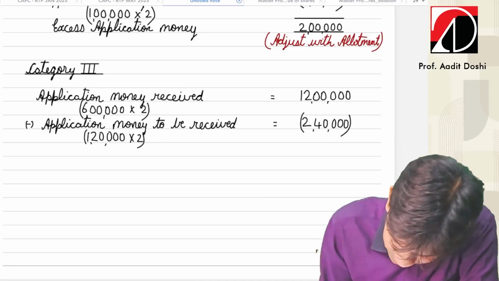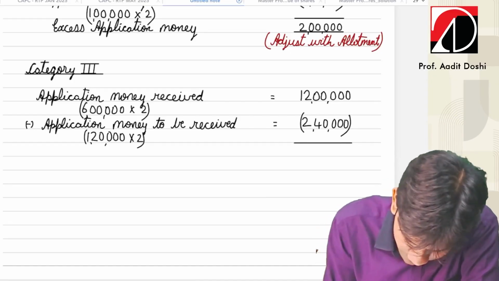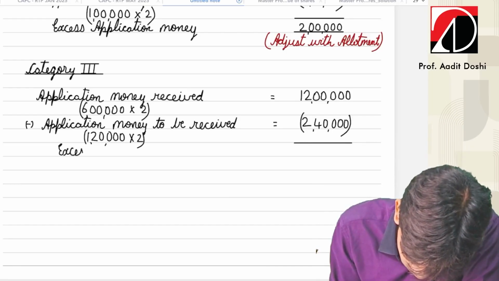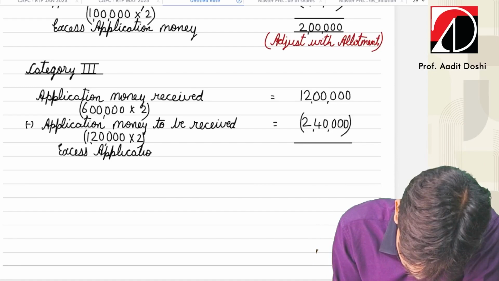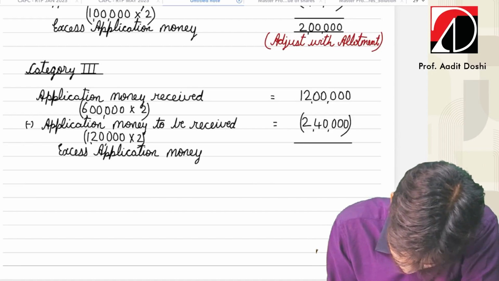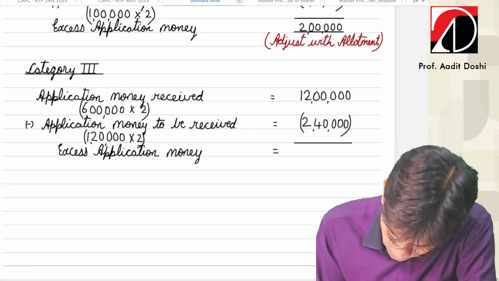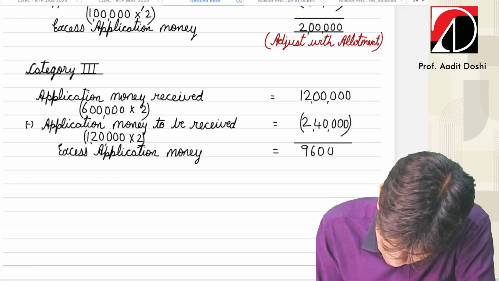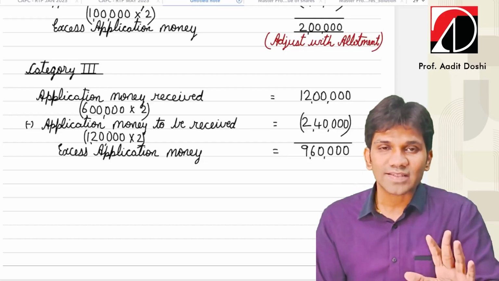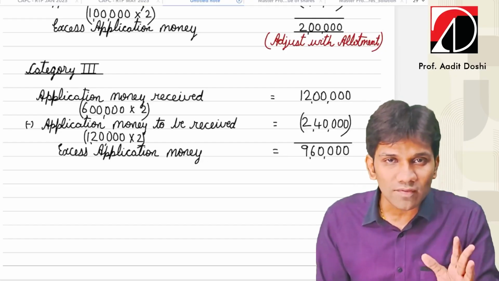So what is the excess application money? 9,60,000.